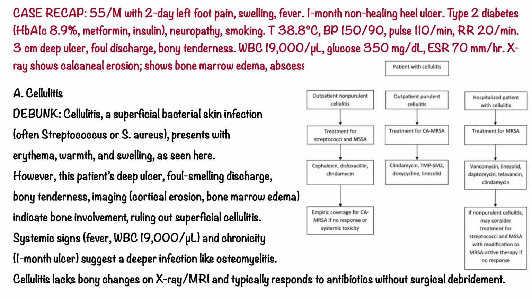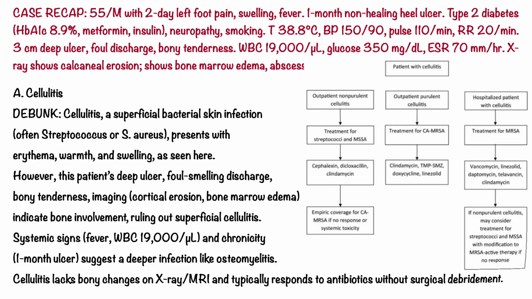In outpatient purulent cellulitis, we give treatment for CA-MRSA, that is clindamycin, TMP-SMX, doxycycline, and linezolid. In the hospitalized patient with cellulitis, we give treatment for MRSA like vancomycin, linezolid, daptomycin, telavancin, and clindamycin. If non-purulent cellulitis, then we consider treatment for streptococci and MSSA or MRSA, with modification to MRSA-active therapy if there is no response. So that is all about cellulitis.